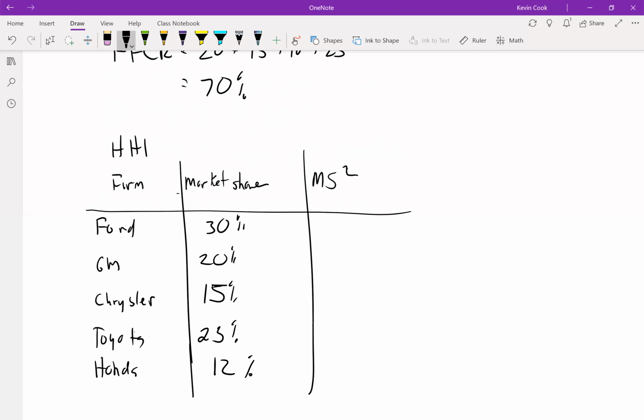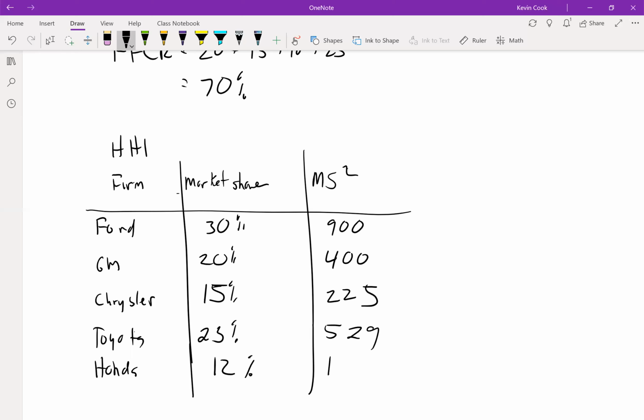So as we go through this, what we'll do is we'll take each of these and square them. So that's 30 squared, 20 squared, and so on. So 30 times 30 gives us 900. 20 squared will give us 400. 15 squared will give us 225. 23 squared will give us 529.